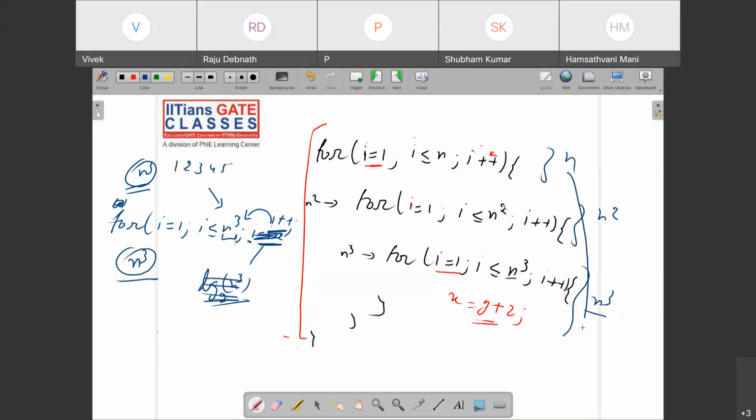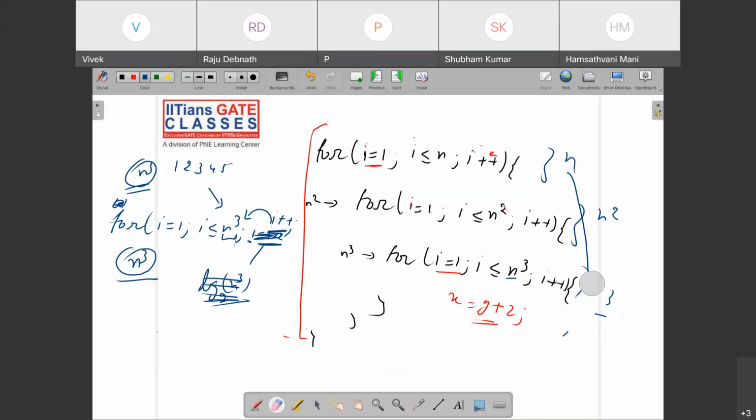If you multiply all three, it will be n multiplied by n square multiplied by n cube, which is n raised to power 6, since powers are added in multiplication. But that is also incorrect. So everybody who answered n raised to power 6 is incorrect. Two of them have answered 1. That is also incorrect. The actual answer is n cube.